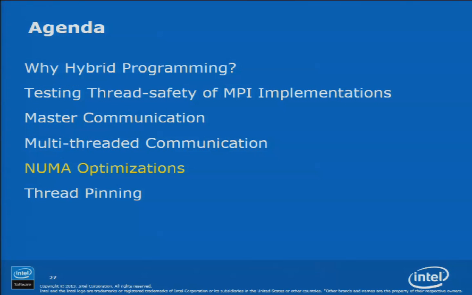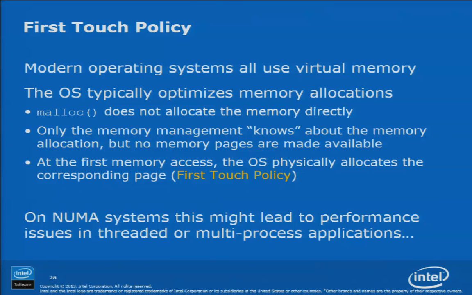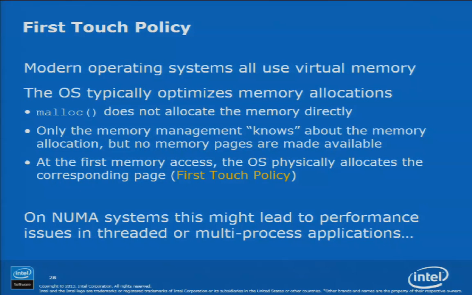Okay, NUMA optimizations. Well, the problem with NUMA is that we have something called first touch policy. That means that when you implement virtual memory on a modern operating system, and you can try that yourself, just write a little program with a while loop and do a malloc of 4 kilobytes and let that run. It will run long, and you can do the math.